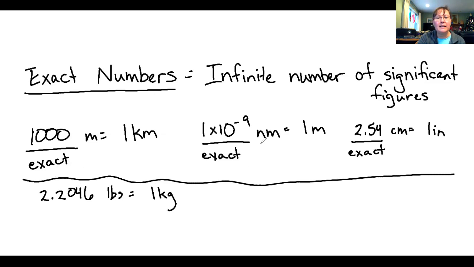Now, in this case, this number is not an exact number. This 2.54 is exact because it's defined as exact in the same way that the other ones are. But this is not. This is sort of an approximated value. And so in this case, we would have 5 significant figures.